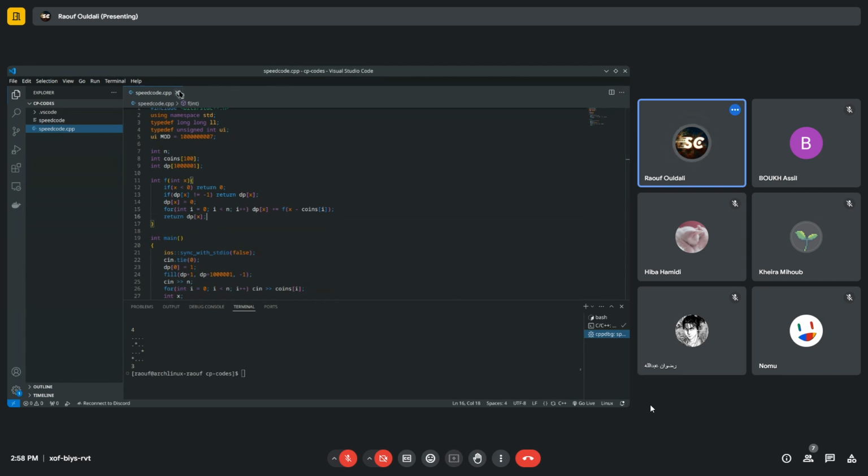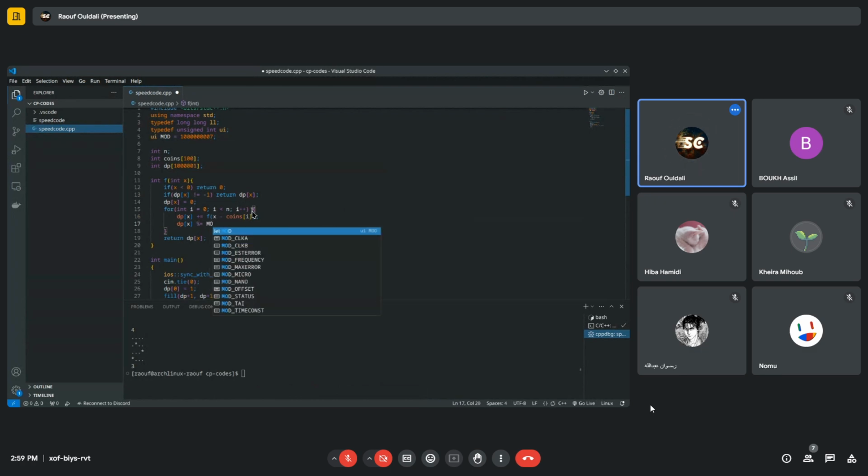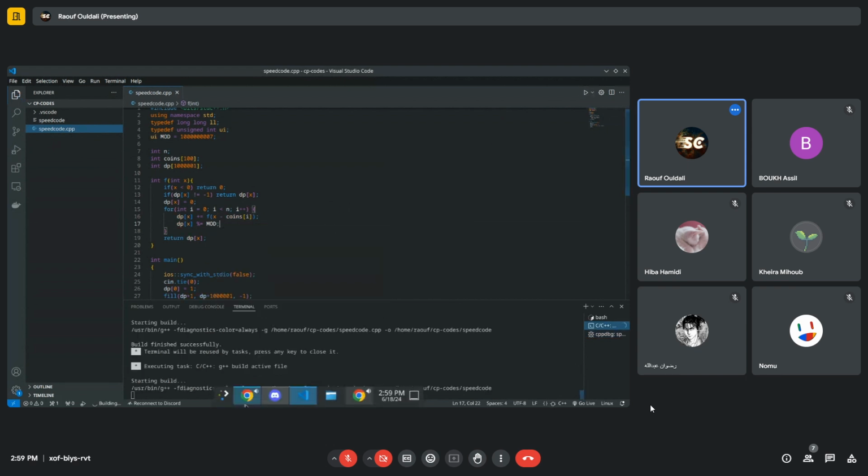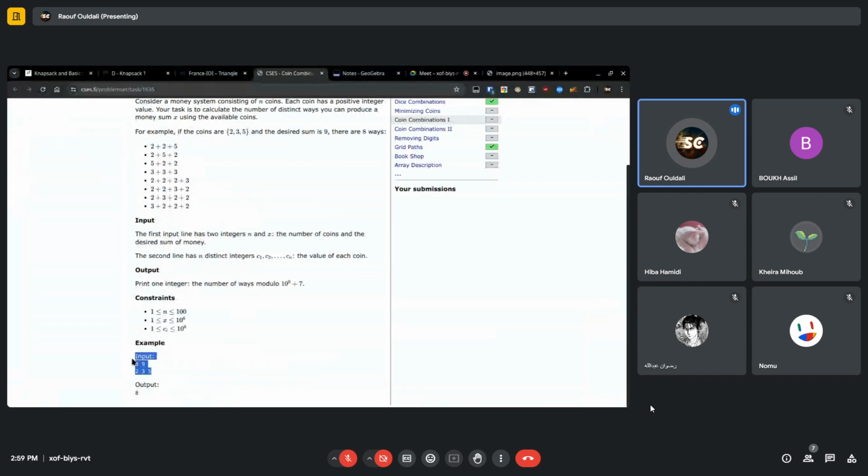I guess this is good. And did it ask for some modulo? Yes. So here, dp of x mod equal mod. Okay, let's try on this input. Oh, we input n, then x, then this.